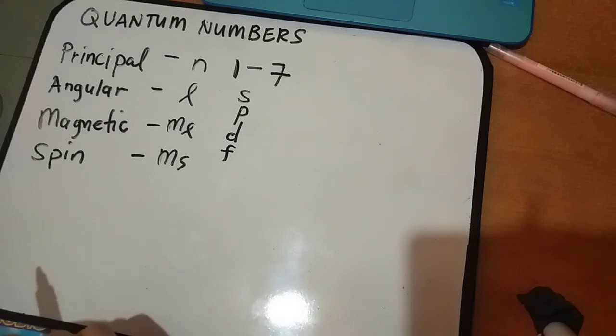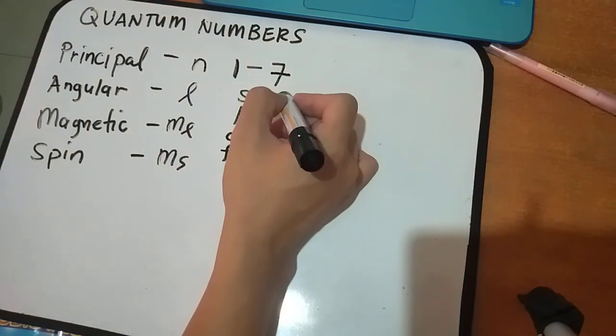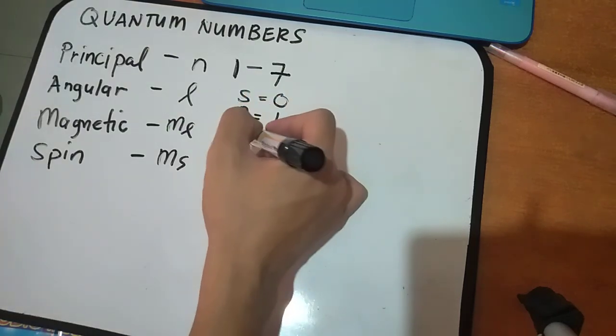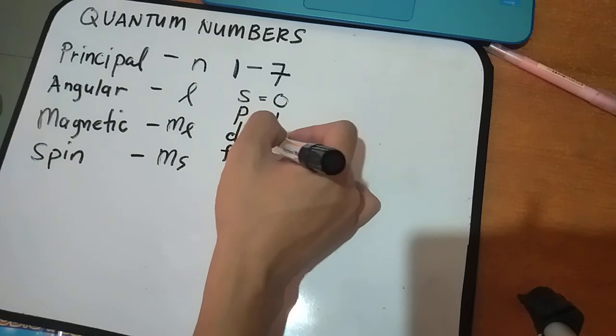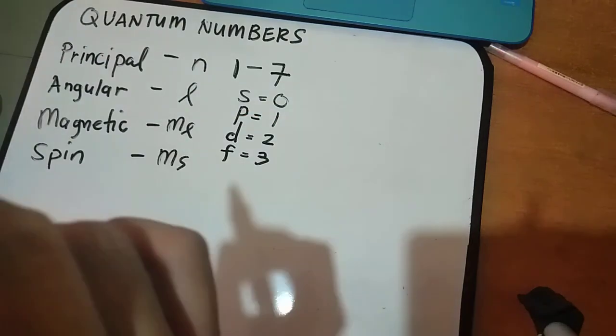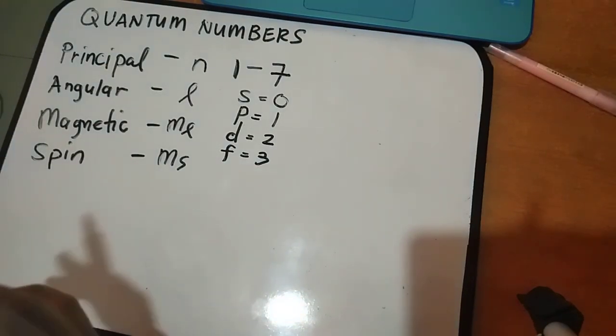So ano ba yung mga values? Kapag S, ang value gagamitin natin ay 0. Kapag P, 1. Kapag D, 2. At kapag F, 3. That is your angular quantum number. It tells you the shape.